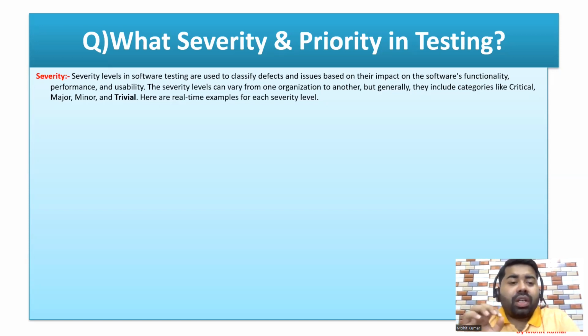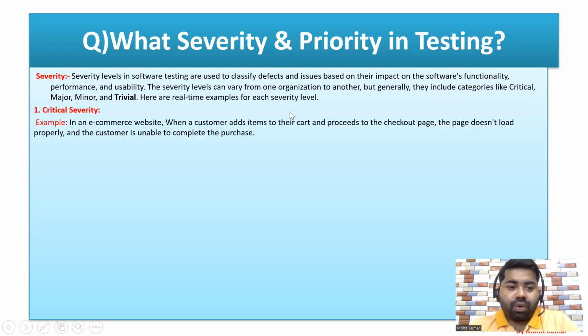I told you the accident example just now. We will discuss them one by one and give you some examples as well. And this is an important interview question as well. The interviewer will definitely ask you this question, and you can explain it with a real time example. So now we can go one by one.